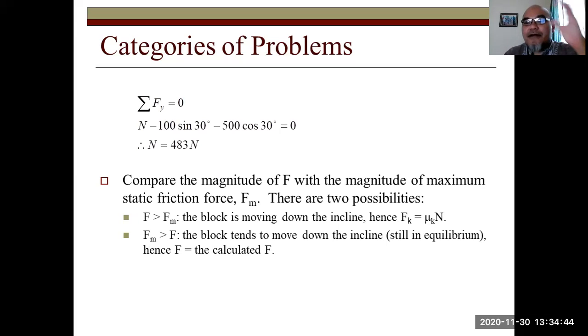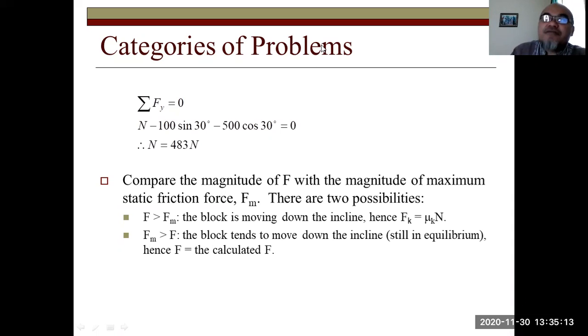Hence we have to calculate the kinetic friction force, because the friction force already changed from static into kinetic friction force. Fk equals to mu k times N. When Fm, the maximum friction force, is larger than F, the opposite one, then we know that the block is still in equilibrium. The block tends to move down the incline, but it is still in equilibrium. It's not moving yet.